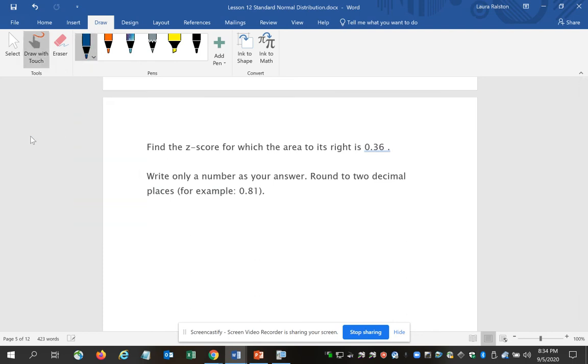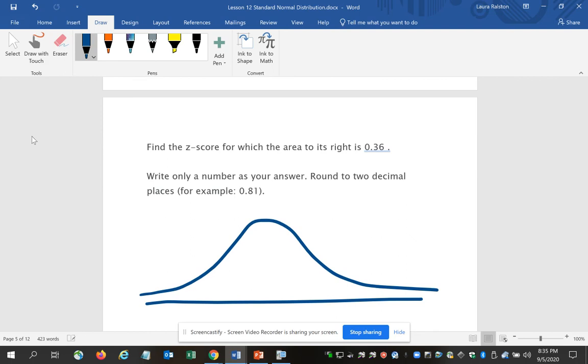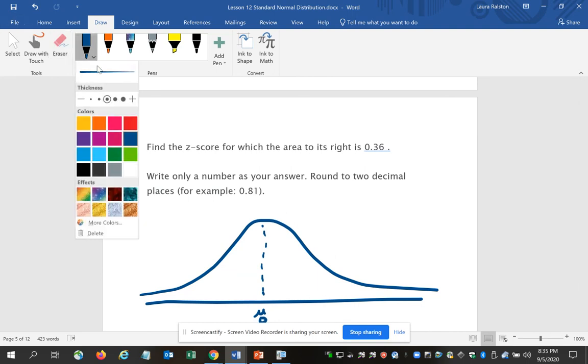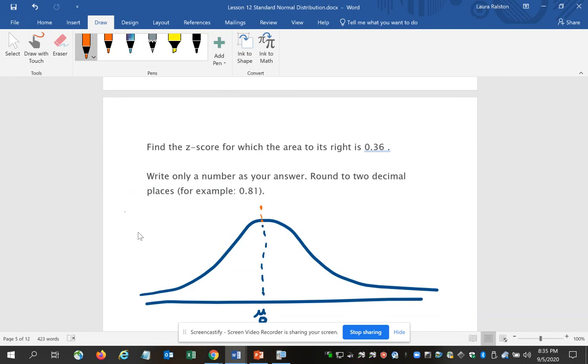All right, this one says find the z-score for which the area to its right is 0.36. Okay, so we have our horizontal axis. Again, it doesn't specify, but I'm assuming we're dealing with the standard normal. The mean is 0. And again, remember, in terms of this whole curve, that you have 50% below, which is 0.5, and 50% above, which is 0.5.